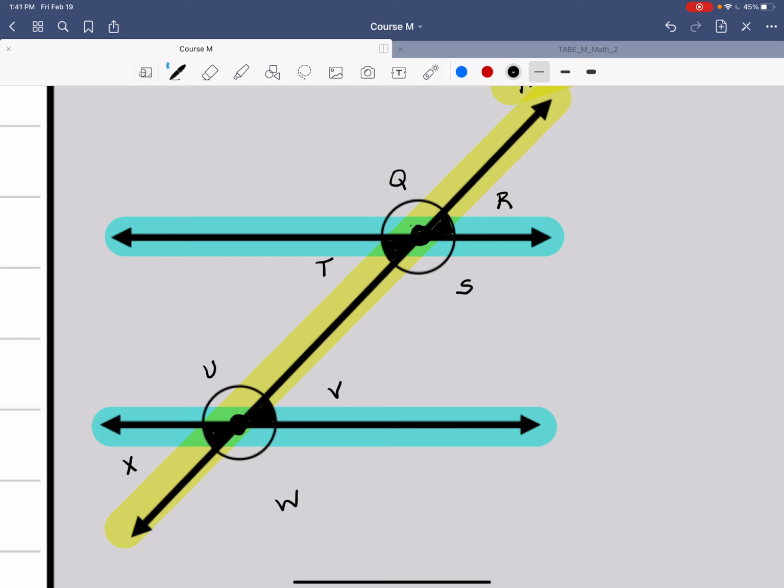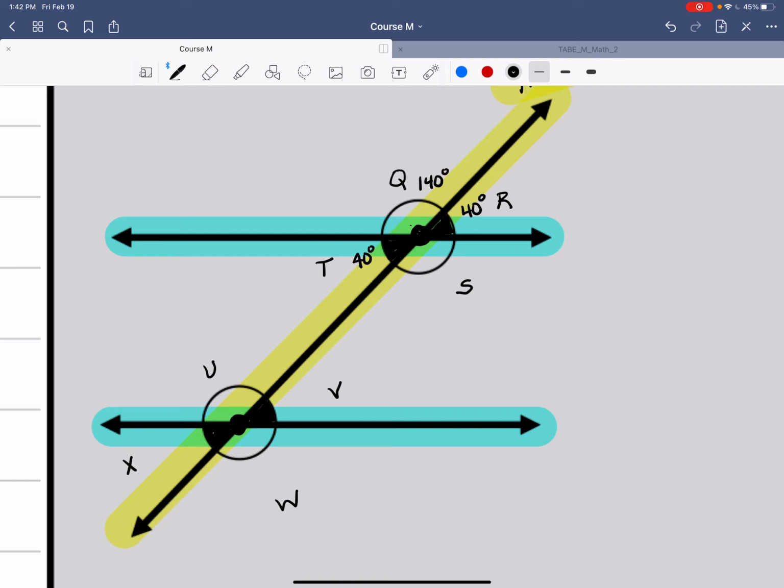So what if I tell you that angle R is worth 40 degrees? If I tell you that, you can tell me all the others. Because if R is 40, Q is 140. Those are supplements. 140 and 40, that's 180. If R is 40, T is 40.